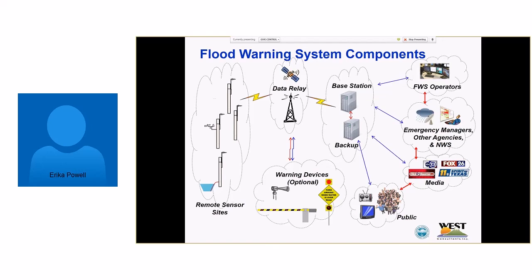Most of us are familiar with the TV broadcast where you see Doppler weather radar and animations of Doppler weather radar on the screen, and we can't imagine those kinds of presentations without animations of radar or satellite imagery.